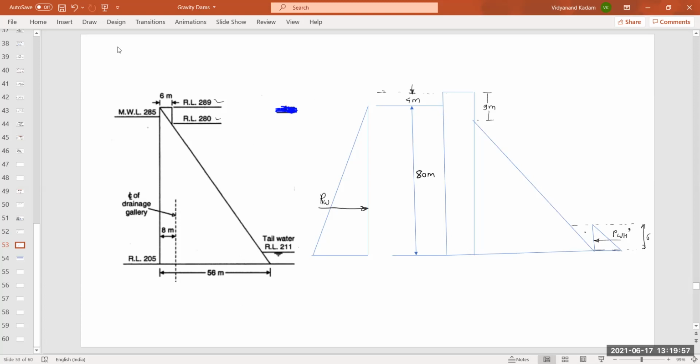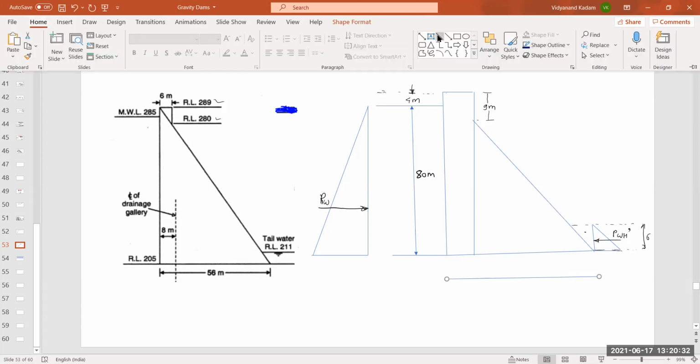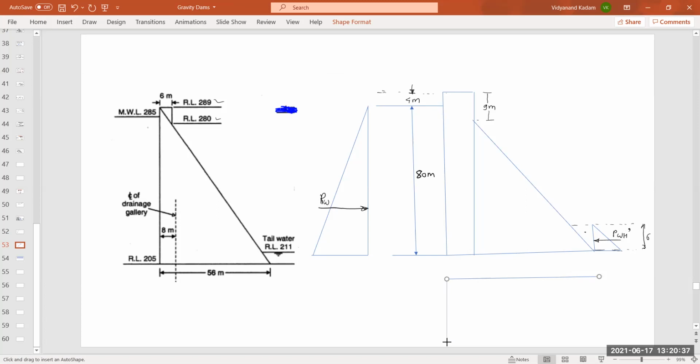Now we will show the uplift pressure intensity diagram. We know that this uplift pressure intensity diagram is a triangular one if tailwater is 0. But if there is a tailwater, in that case it is not 0, it has a certain value. So let us draw the uplift pressure distribution diagram. Now see here, the top width of the dam is given as 6 meter in the problem.